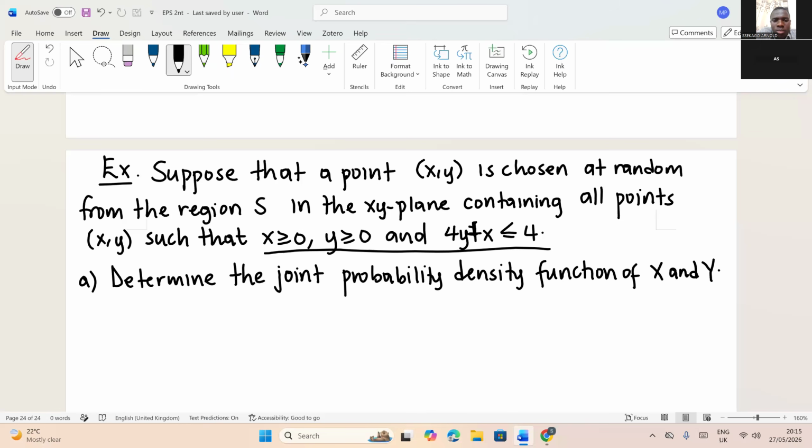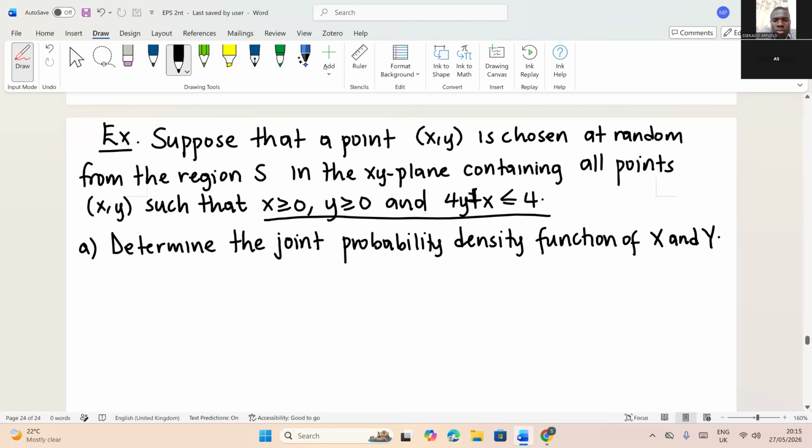PDF of x and y. Then what else do they want?